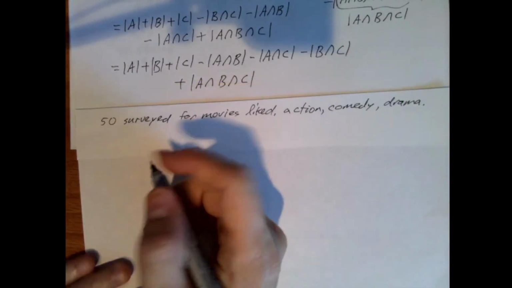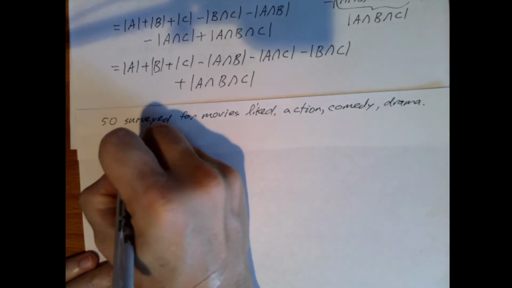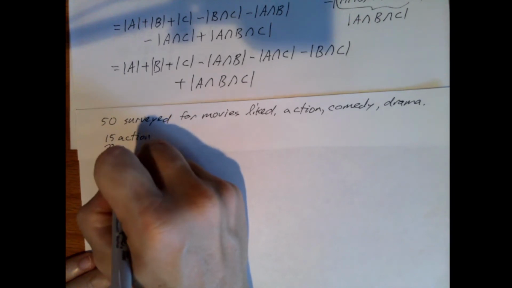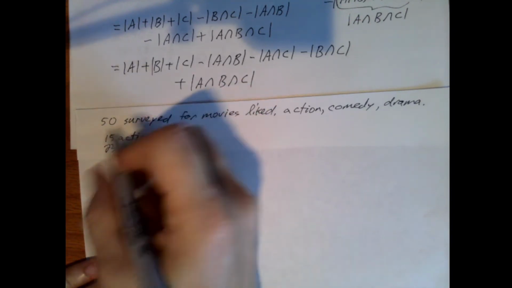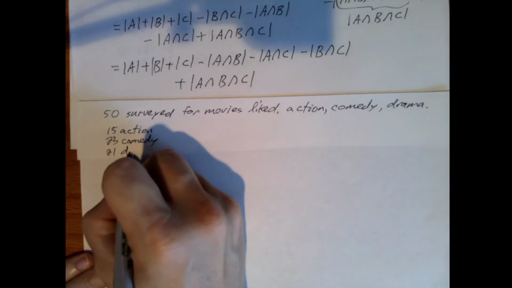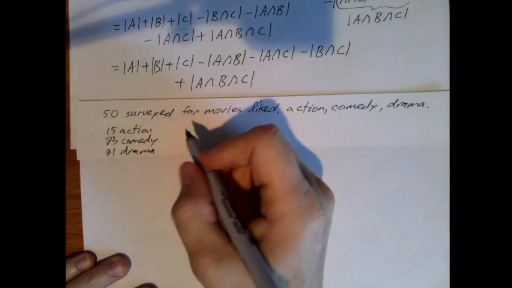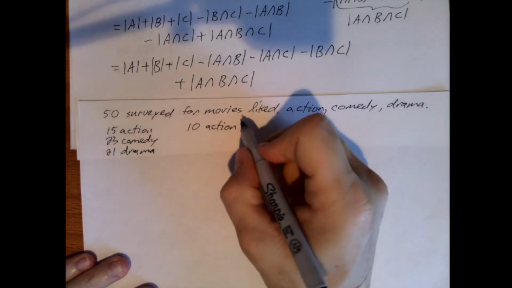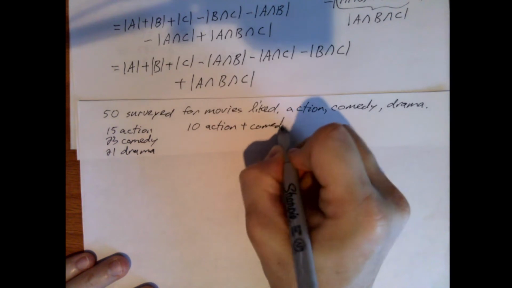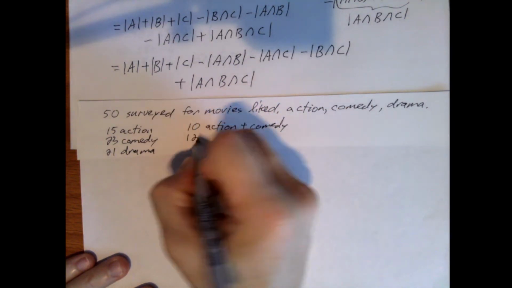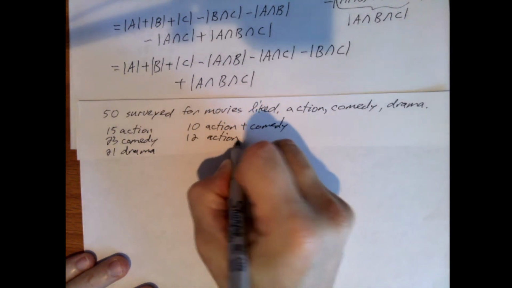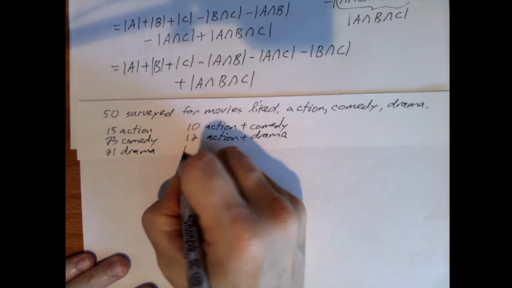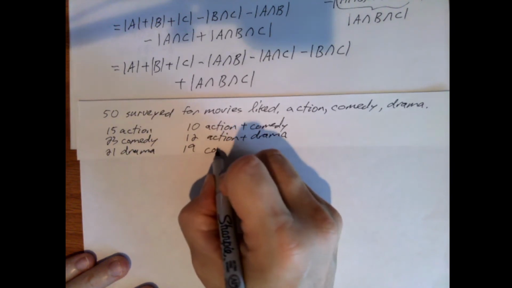So we find out that 15 like action, 23 like comedy, 21 like drama, 10 like action and comedy, 12 like action and drama, and finally 19 like comedy and drama.